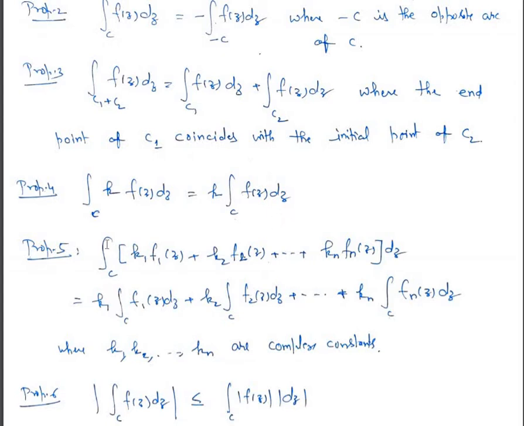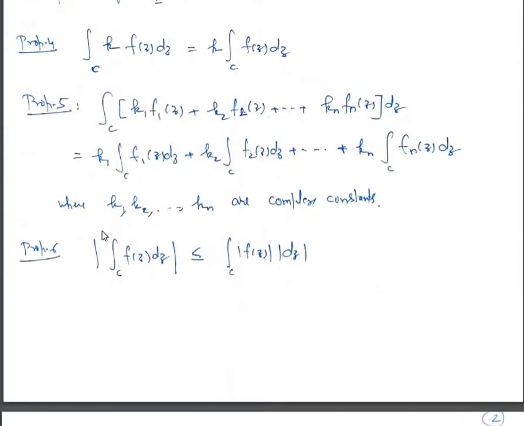Fifth property: the integral over C of k1 f1(z) + k2 f2(z) and so on plus kn fn(z) dz is equal to k1 times the integral over C of f1(z) dz plus k2 times the integral over C of f2(z) dz and so on plus kn times the integral over C of fn(z) dz, where k1, k2, kn are complex constants.